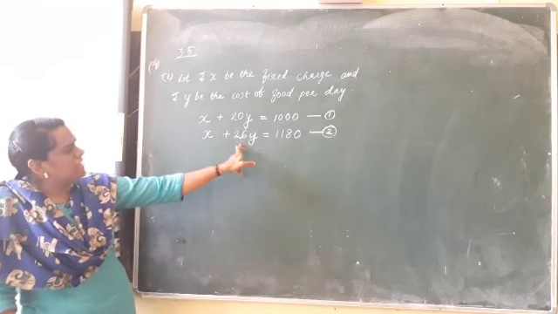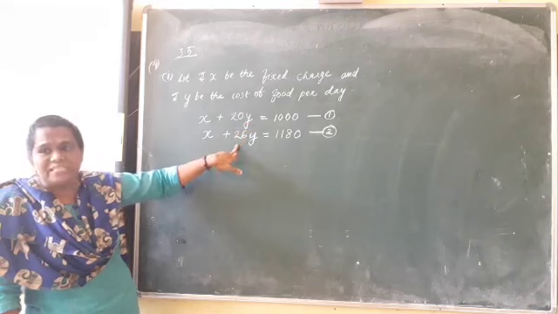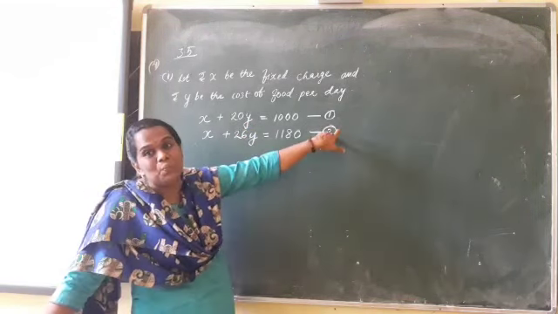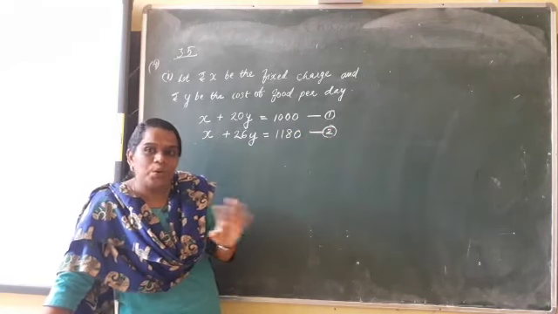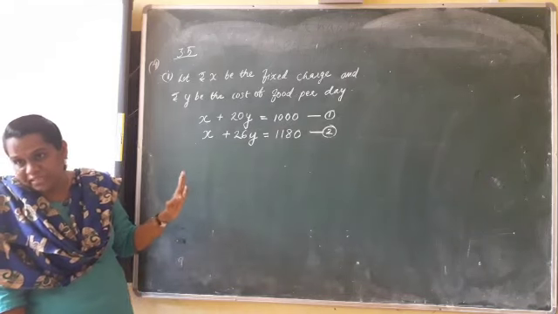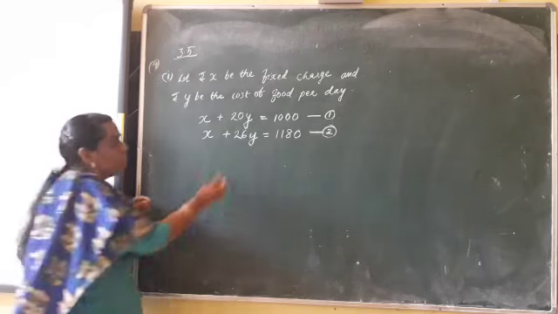When we compare the coefficients of y, 26y and 20y, which is larger? 26. So we can subtract equation 2 minus equation 1. Either 1 minus 2 or 2 minus 1, no problem. Here, in order to avoid the negative signs, I subtract equation 2 minus equation 1.